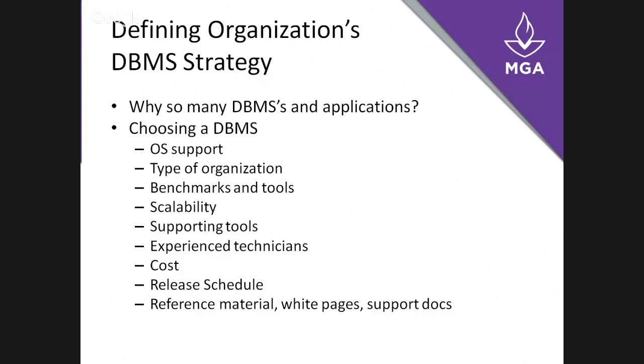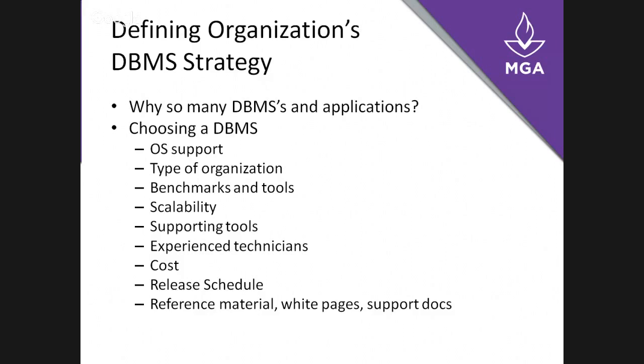But in choosing a database management software system, you have to make sure that you have the right operating system support. You've got to have a DBMS that supports the type of organization you are. If you need a tier 1, grade A product, you might need to invest your time in Oracle or SQL Server. Whereas if you're a smaller business, smaller databases such as MySQL may actually function appropriately for you.